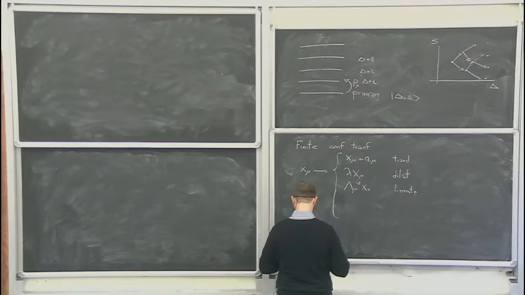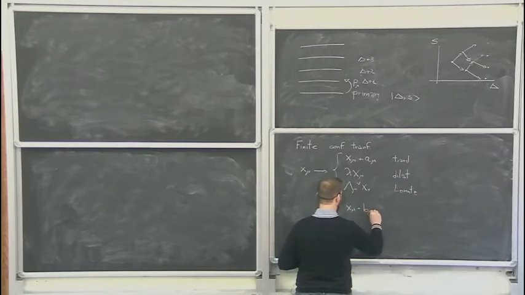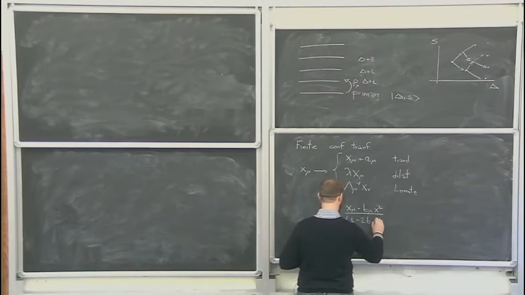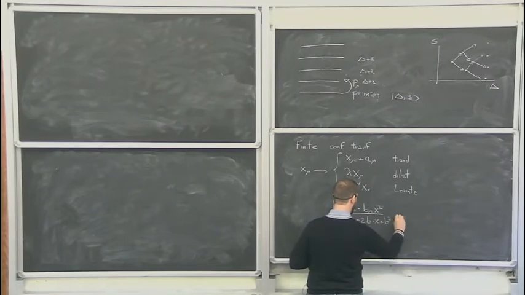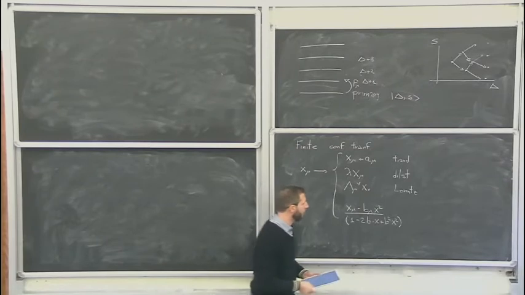X mu goes to x mu minus b mu x squared, everything divided by 1 minus 2b dot x plus b squared x squared. So this is slightly more complicated.